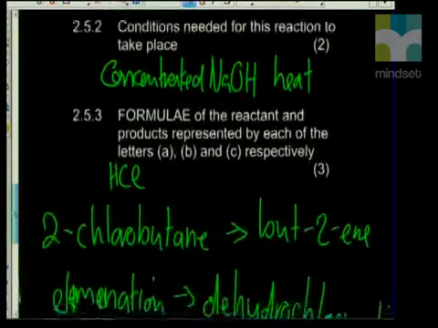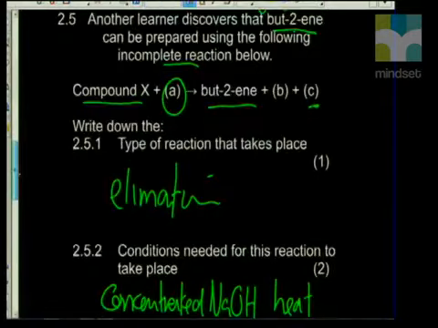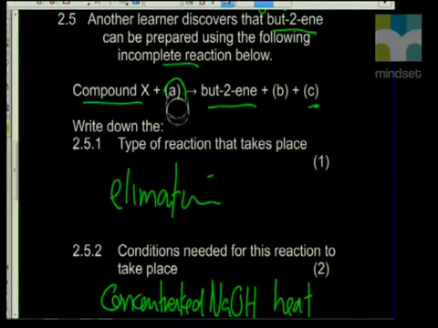So the last bit of this equation that we need to do is to recognize the substances that are involved. So where we've got that word equation, I'm just going to add in the substances below it. So what is A? Well, we're going to start with compound X. We're certainly going to need, to do this elimination, some sodium hydroxide.